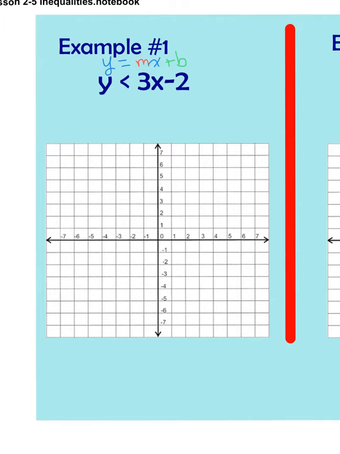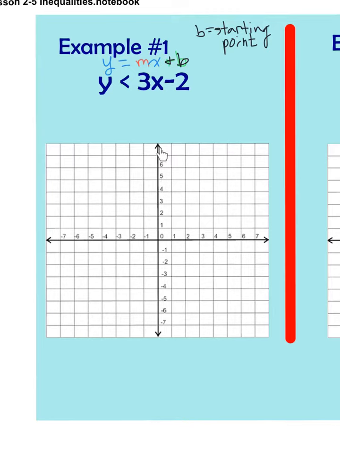So remember that b is your y-intercept. And since you're not going to be able to see my green on here, I'm going to make that black. So remember, b is your y-intercept, m is your slope. So b is your starting point. And just like on a line, we are always going to start somewhere along this y-axis here.